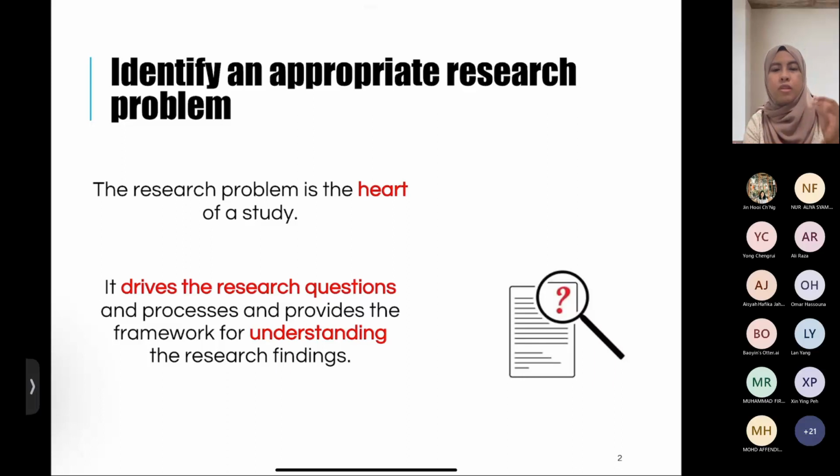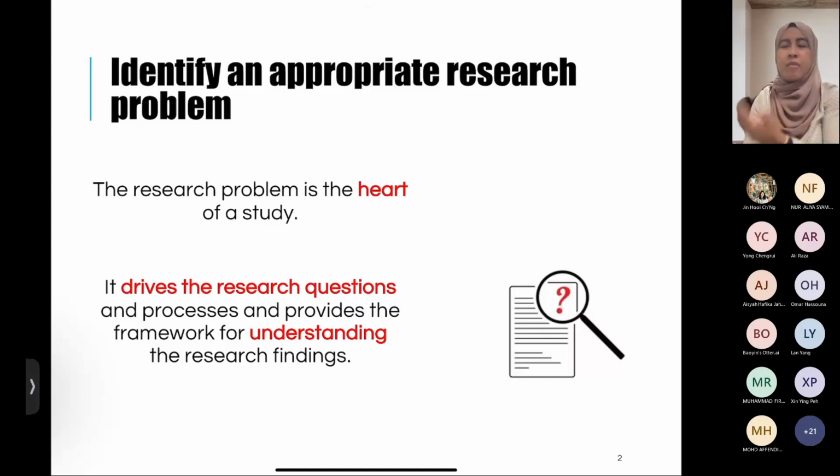Okay, so research problem is the heart of the study. So you start your project by addressing the problem that you need to solve. When you are writing your thesis later on, if you do something that is so great, but the way you put your research problem, the way you tell the audience that this is the problem, is that the problem is very small, or maybe no need to solve it, right?